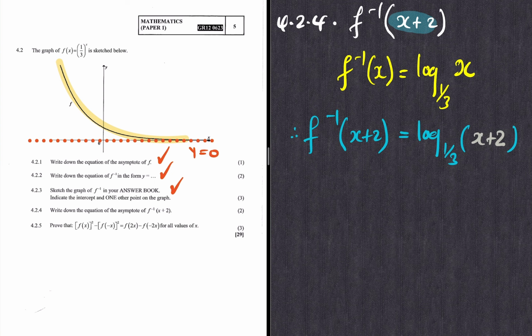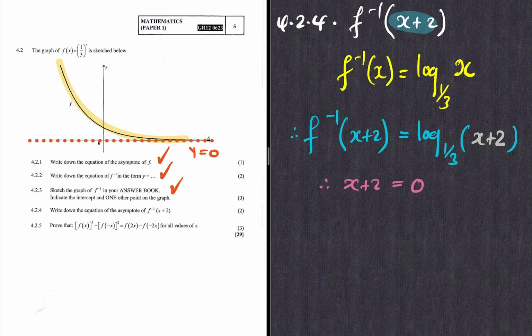Even with rational functions, you can have a straight line that is not vertical. In grade 12, we deal with vertical and horizontal. In this case, we are dealing with the vertical because this portion here consists of x. So I'm going to say, therefore, when x plus 2 is equal to 0, the log will be undefined.